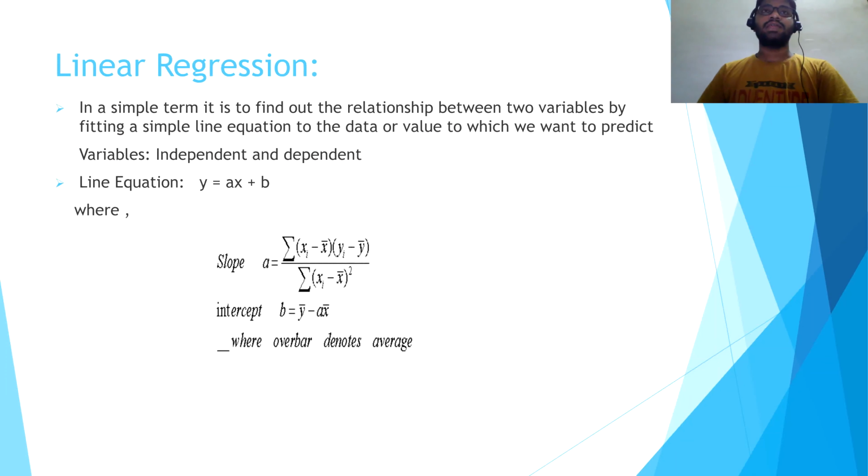Next, linear regression. Linear regression, guys, is similar to the regression analysis definition. It is defined as finding the relationship between two variables by fitting a simple line equation to the data or a value which we want to predict. Guys, we know a mathematical equation for a straight line, like y equal to mx plus c.